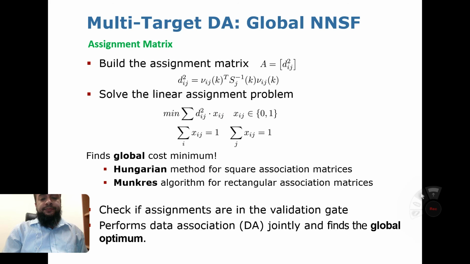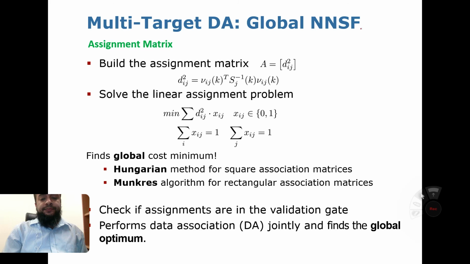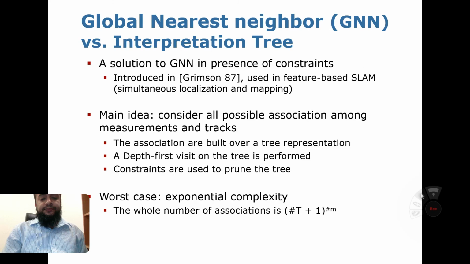In case of global NNSF, we calculate the validation equation like this one. But in global NNSF, there are two methods: assignment methods, and the interpretation tree.